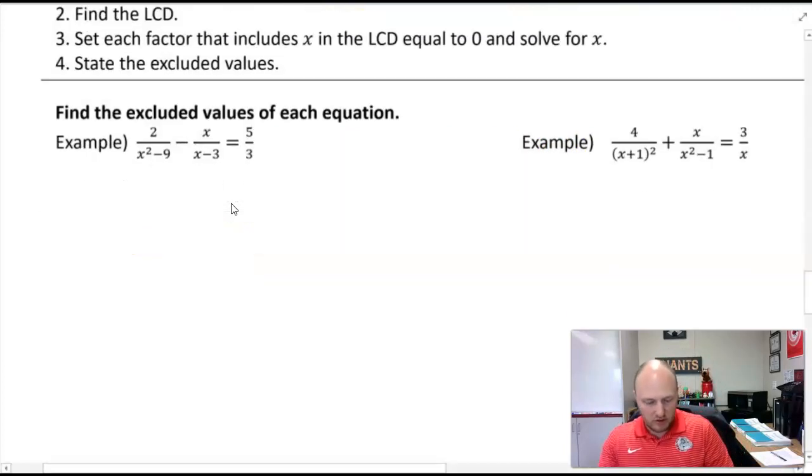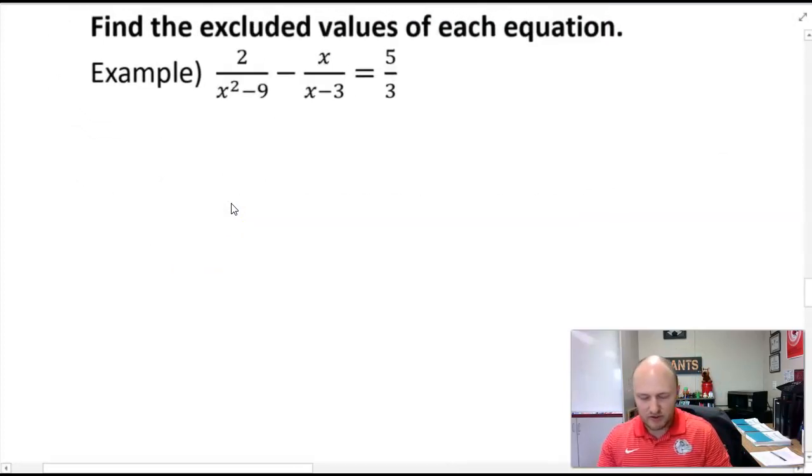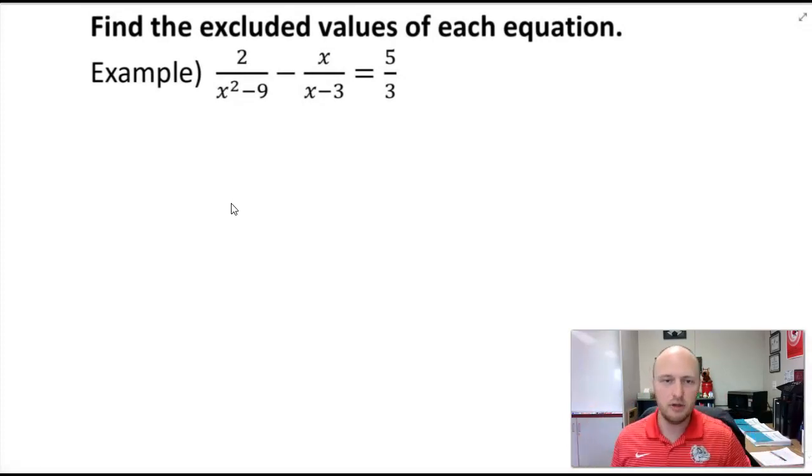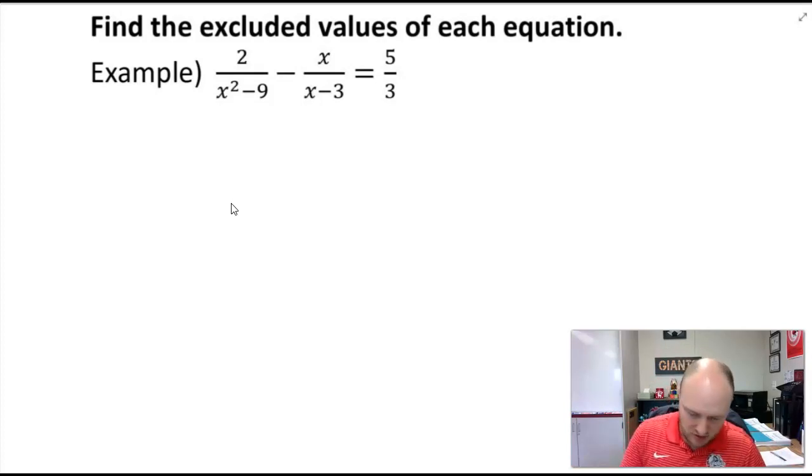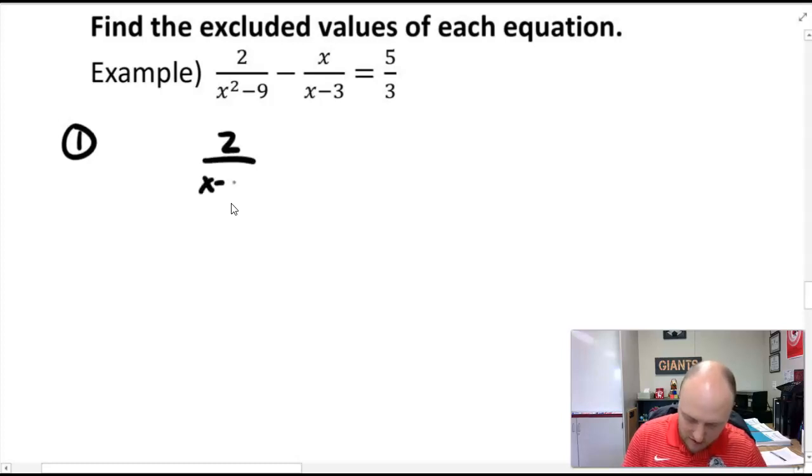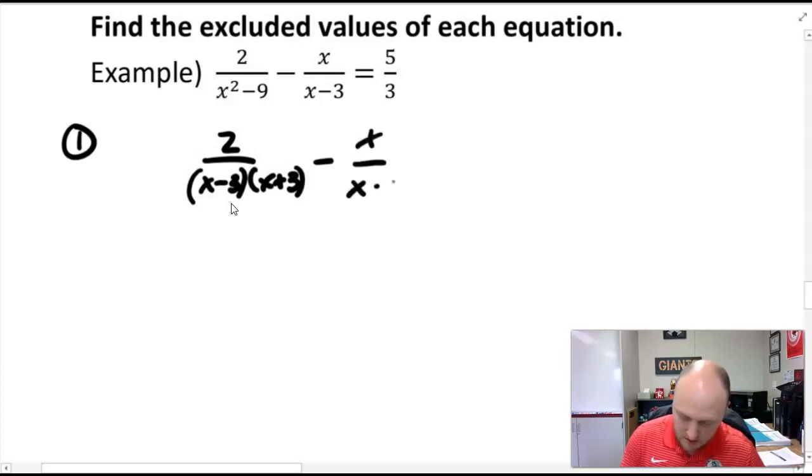Okay, so let's go ahead and find the excluded values of each equation. I'm going to go quicker on the LCD because you should be more proficient with that learning target by this part of the lesson. Step 1, I have to find my LCD, so I need to factor this denominator. This is x minus 3, x plus 3, over x minus 3.